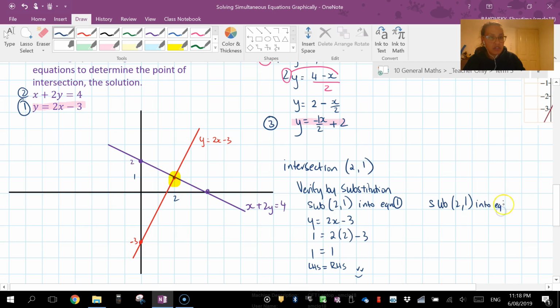Into equation 2: x plus 2y equals 4, x is 2, plus 2 bracket 1, because it's a y value. 2 plus 2 times 1 is 2, so 2 plus 2 is 4, and left hand side equals right hand side.